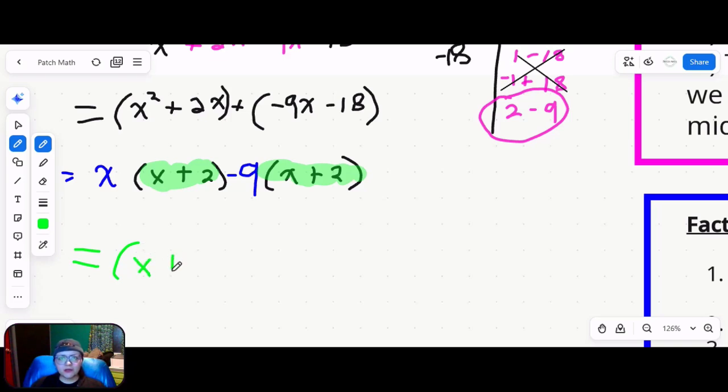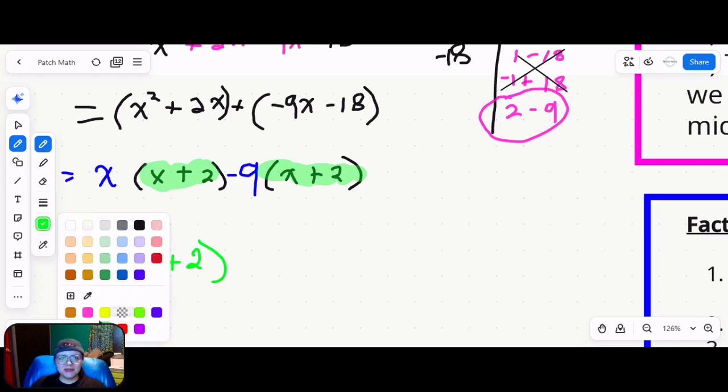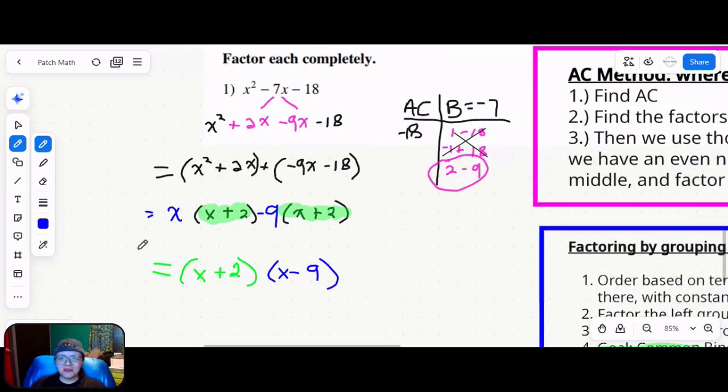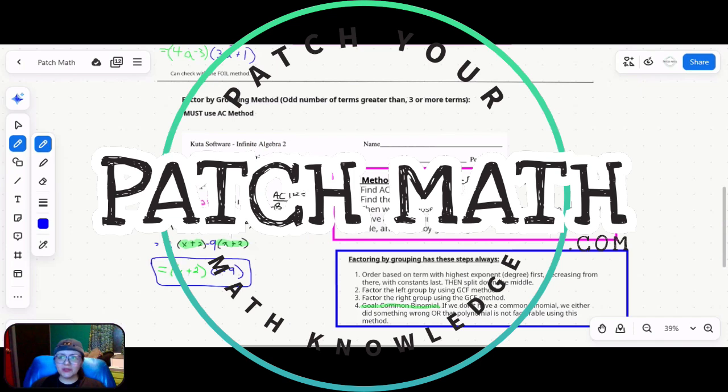And when we factor that multiplied part out front, what remains is the x minus 9. And there you have it, the final factored form of the above quadratic using the AC method and factoring by grouping. Thank you so much for your time.